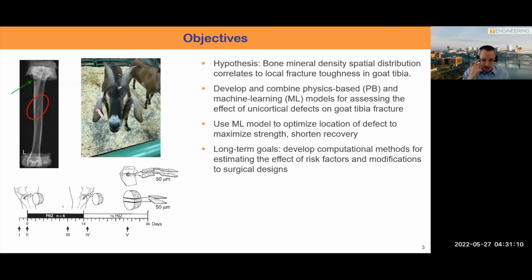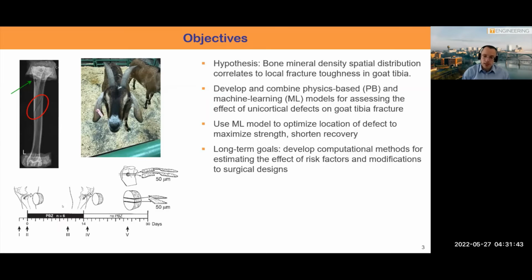The objective of this seed grant is to test a hypothesis related to the importance of bone mineral density spatial distribution throughout the bone structure and how it affects the fracture toughness of the goat tibia bones. We'll test this by developing and combining these two types of modeling approaches to assess the impact of a unicortical defect placed within the goat tibia bone.